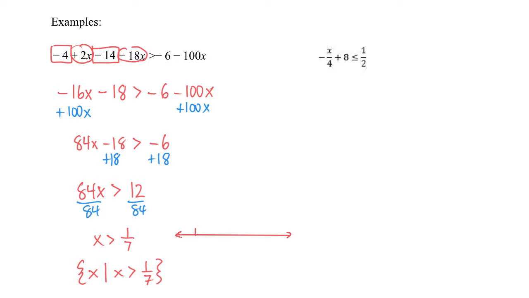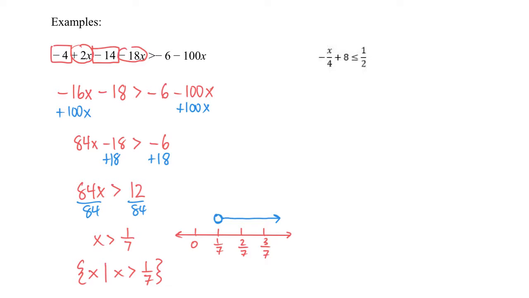How about we have 0, then 1/7, then 2/7, then 3/7. That's a good way to make my number line. Since this is greater than, but not greater than or equal to, that's going to give me an open circle at 1/7. And I want values that are bigger than it, so I'm going to point in the positive direction.